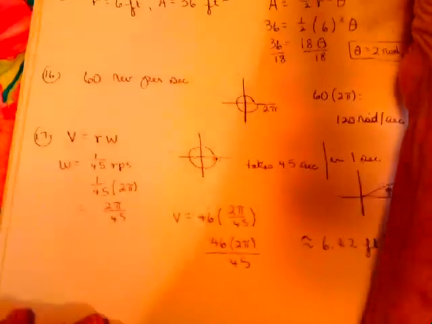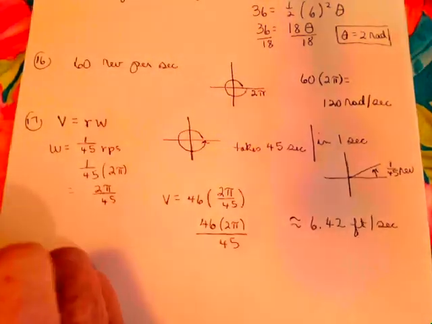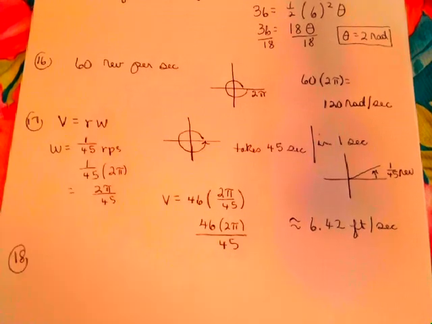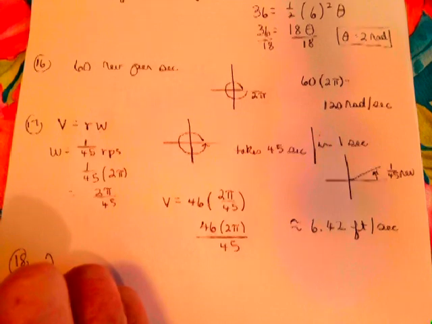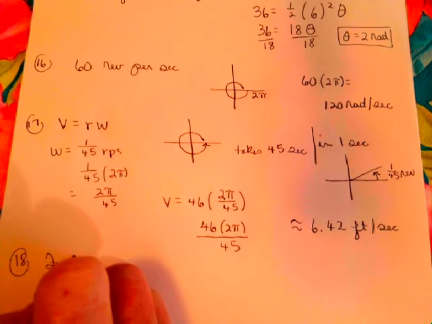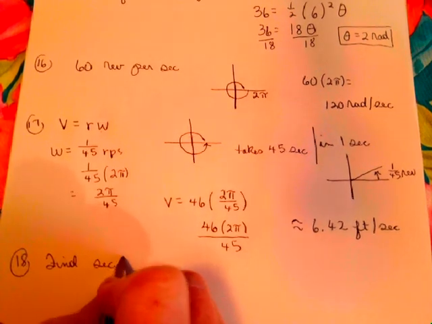Number 18. Use Pythagorean's theorem to find the length of the missing side. Then find the indicated trig function of the given angle. Give an exact answer with a rational denominator. They're asking me to find secant of theta.